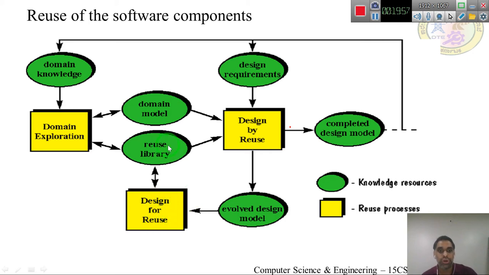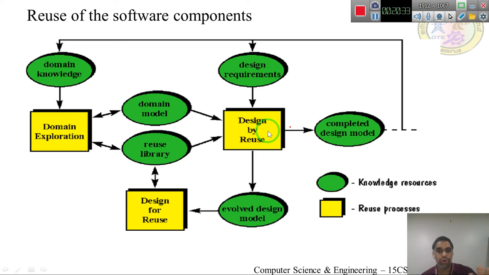Fine. So design for reuse, as well as you can also make use of a certain design which was built for the previous system. So you will go through the design requirements and if you feel that certain designs are already built for the previous system, you would just reuse the design, in order to come up with a new design model for the new system based on the business requirement. Okay.